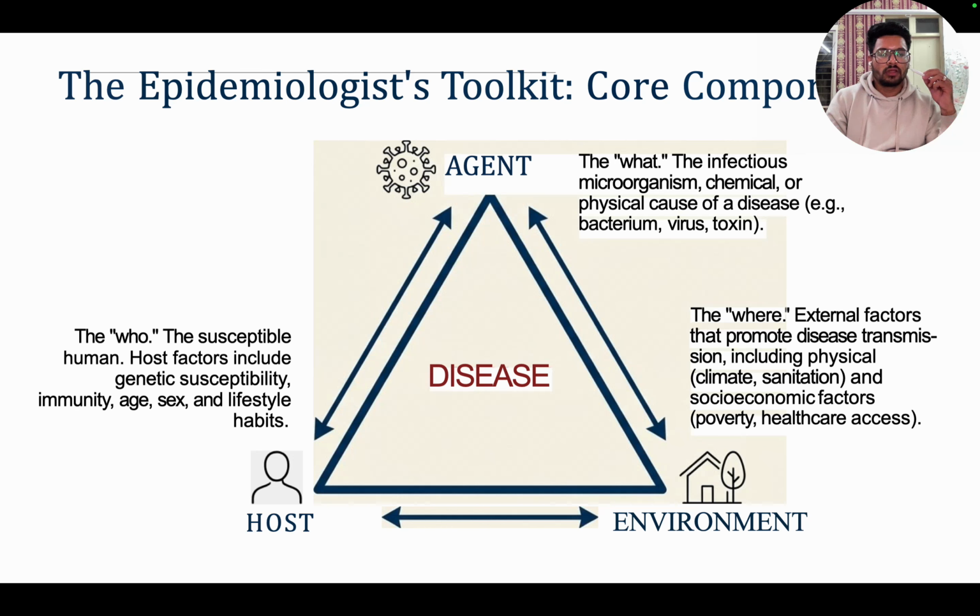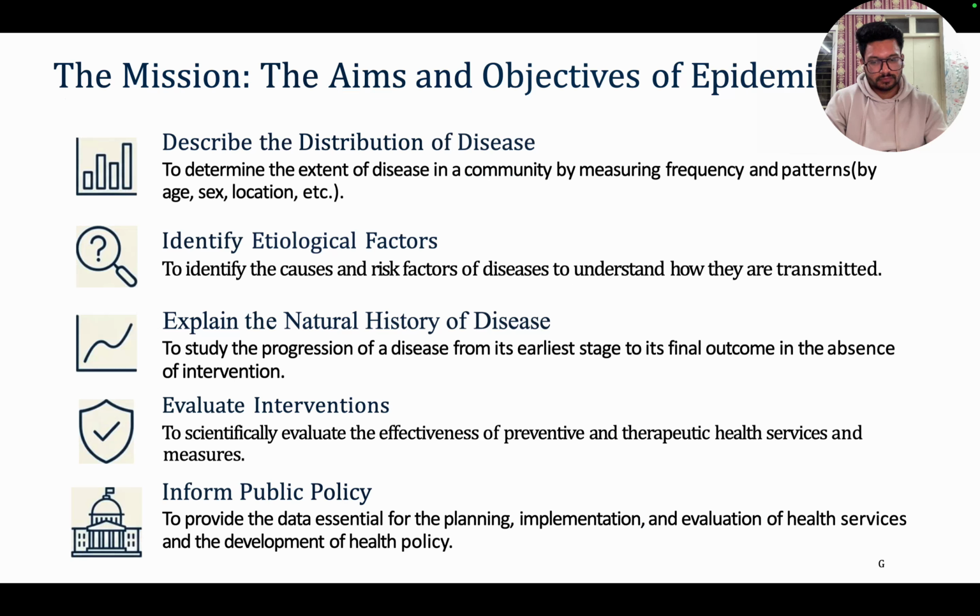Now we have already talked about the epidemiological triad: agent, the microorganism that causes the disease; host, the organism that harbors the disease; and environment, the external factors that contribute to the disease. Now, this is in a nutshell the aims and objectives of epidemiology. We have to describe the distribution of disease, that is, what pattern it follows by age, sex, location.